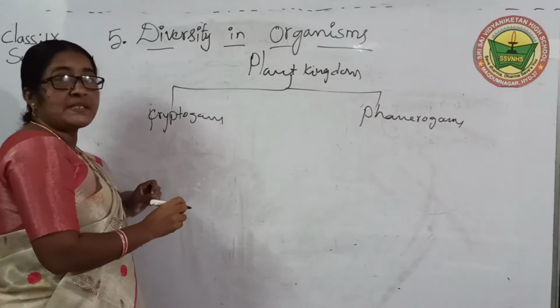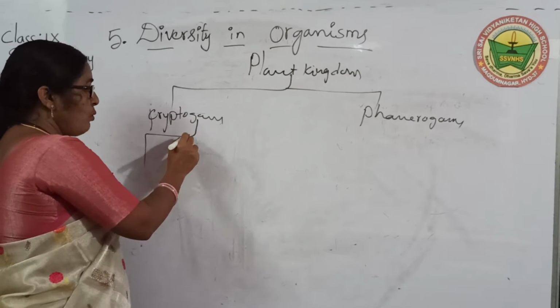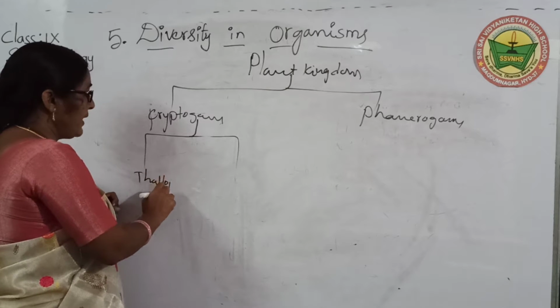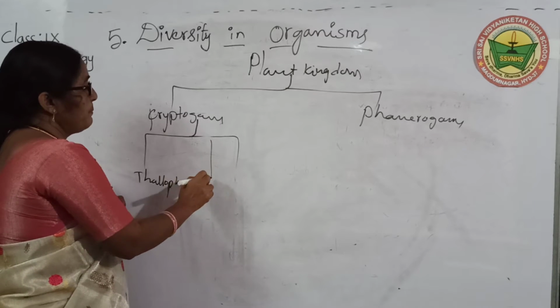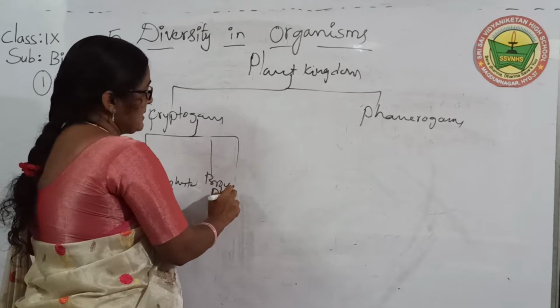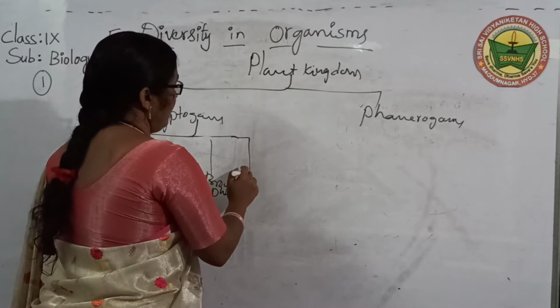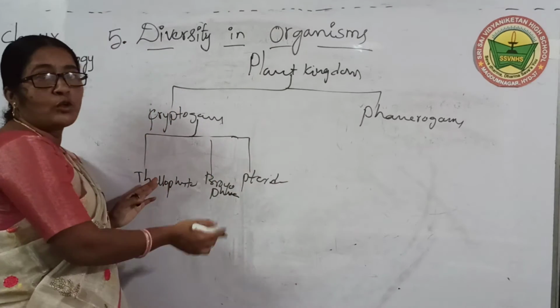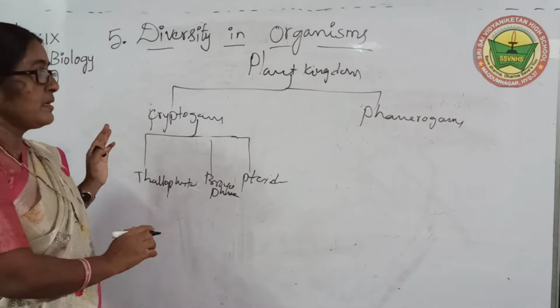Cryptogams are again divided into three groups. What are the three groups? First Thallophyta, next Bryophyta, next Pteridophyta. These are the subgroups in cryptogams.